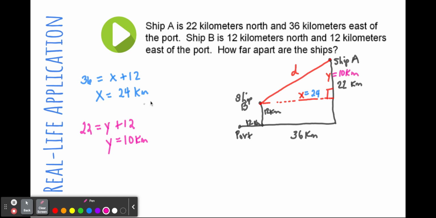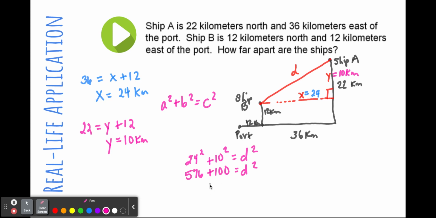So now using our Pythagorean theorem, a squared plus b squared is equal to c squared, we can find d. So we will have 24 squared plus 10 squared is equal to d squared. Using your calculator to help you get these numbers, 576 plus 100 is equal to d squared. So this is 676.